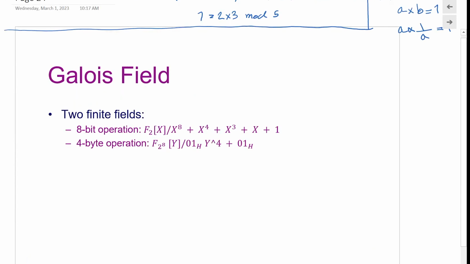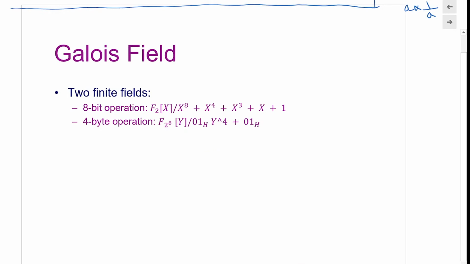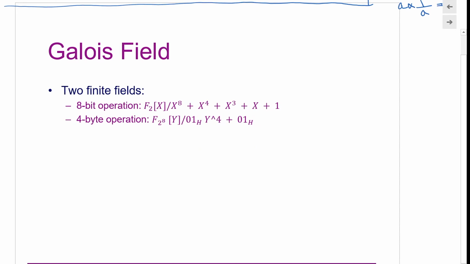We have maybe seen this group of integers, and we have worked on those different groups or sets of integers, or integers mod some prime number p or large n. But it is also possible to define this mod operation on polynomials. That is the idea that we are going to use in AES, known as Galois field.